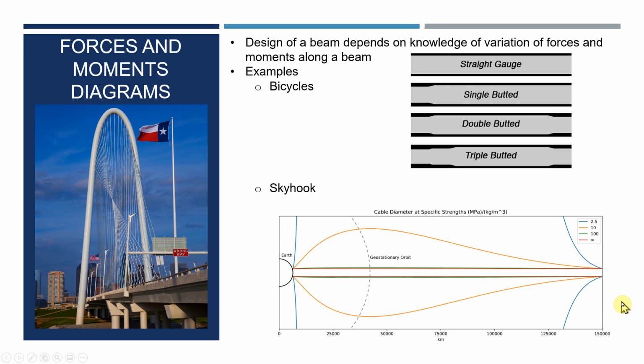Here's another example. This is a skyhook. The idea of this is that you have a ribbon that leads from geostationary orbit about 22,000 miles above the Earth. Let's see, around 40,000 kilometers. Is that it?